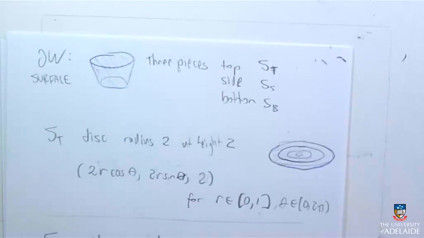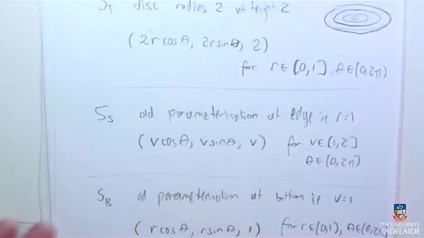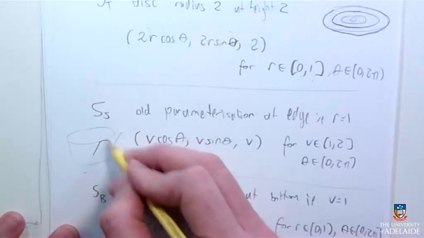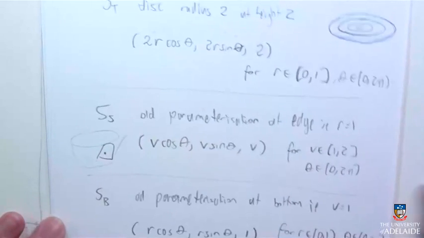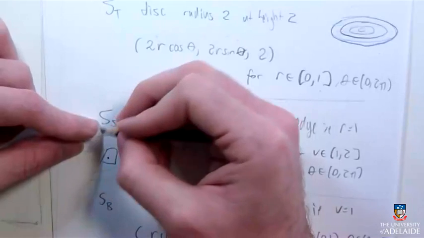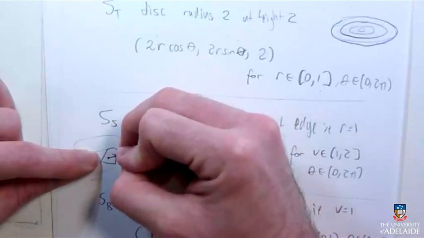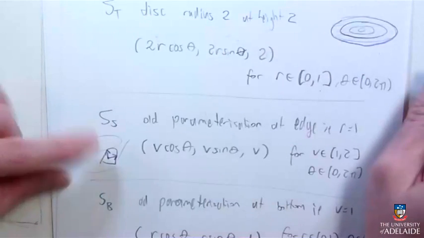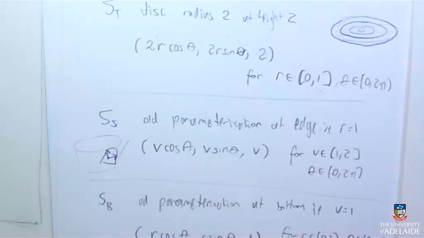Okay. So I'm just thinking, I've never done this before. I need to pick two vectors so that the cross product of them is in the correct direction, and those two vectors are going to be my sigma sub v and my sigma sub theta.